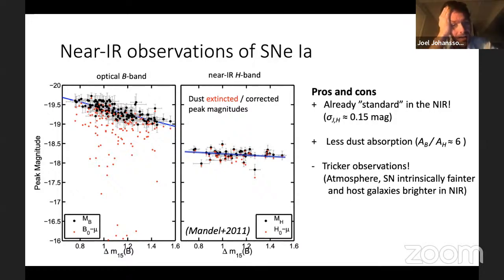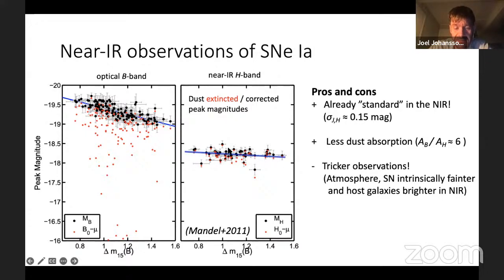But the nice thing is, if you observe them in the infrared, you see that the red dots move by some amount, but not by much, up to their dust-corrected magnitudes, the black dots here. Also you see the slope of this blue line is much shallower, much flatter. So in some sense, they are already standard candles in the infrared.